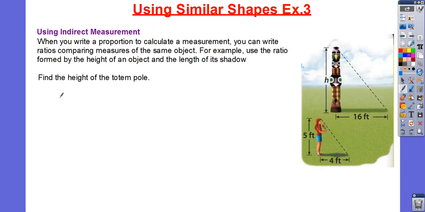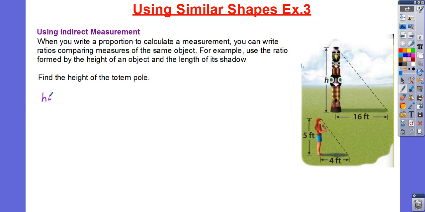Now, when you write a proportion to calculate a measurement, you can write ratios comparing measurements of the same object. For example, use the ratio formed by the height of an object and the length of its shadow. We're going to find the height of the totem pole here. So we're going to use corresponding angles of similar triangles in order to solve this.